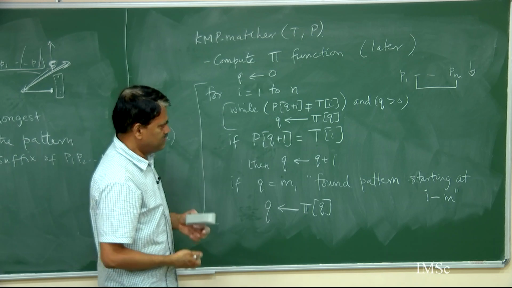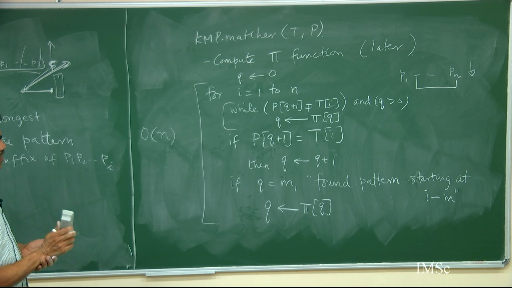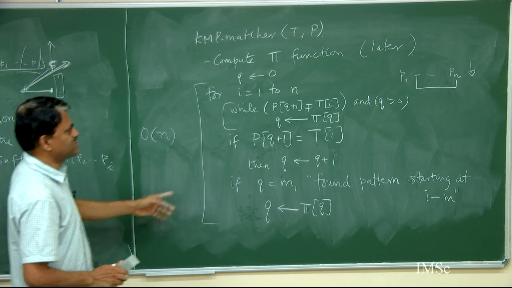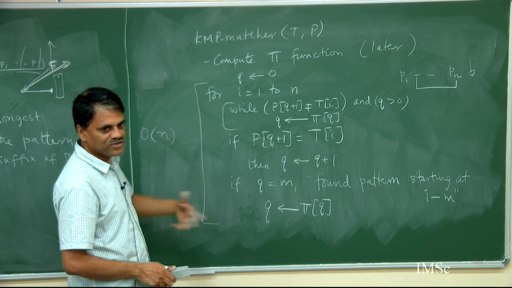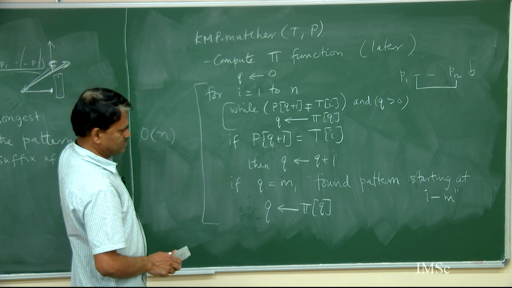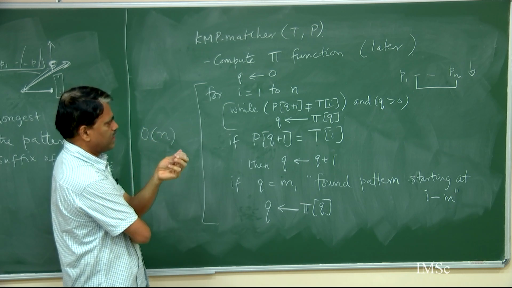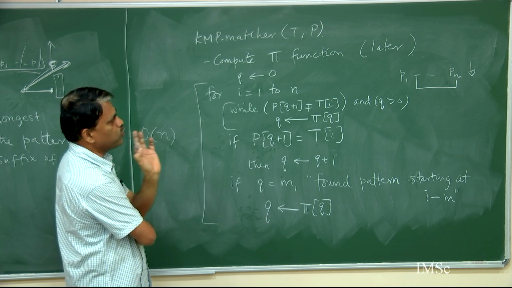There is a very nice amortization argument here to tell you that the amortized complexity of one execution of this for loop is constant. Okay. And the way to think about it, pay attention to Q.